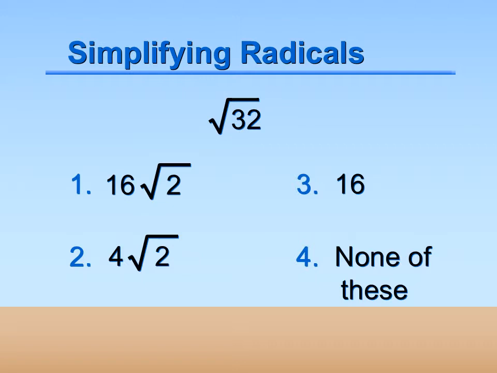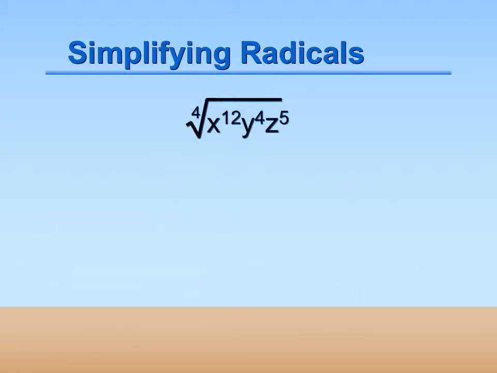So it's five 2's, right? So every two 2's, we pull out a 2. For two 2's, we have one 2 on the outside. For our second pair of 2's, we have another 2 on the outside. And then we are left with one 2 on the inside, leaving us 4 square roots of 2. Because remember, we pulled out two 2's, and 2 times 2 is 4.